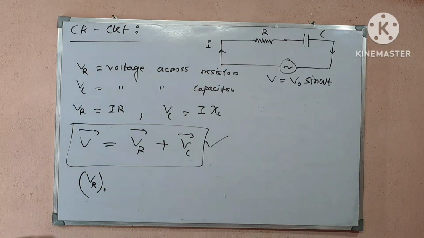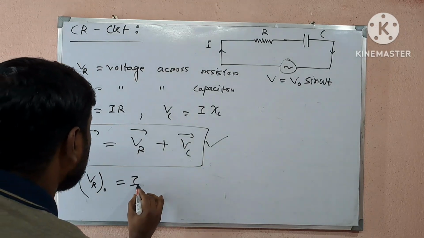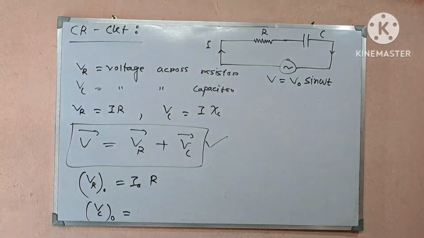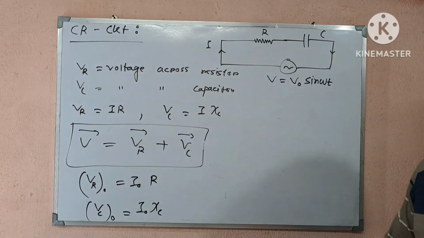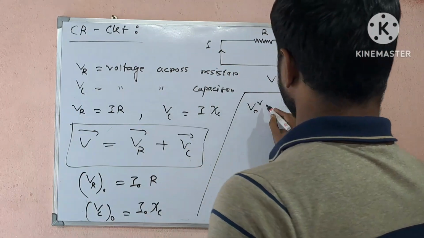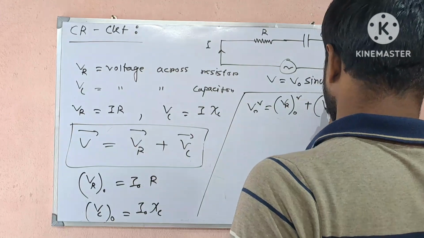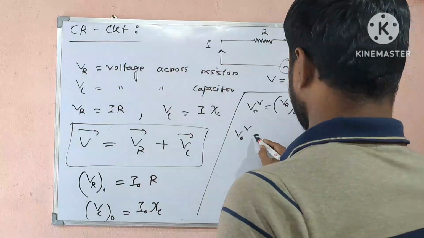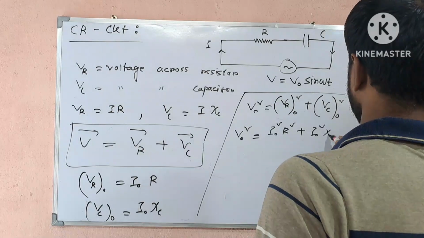So here, VR0 is known as the peak value of voltage across the resistor, and its formula is I0 into R. And VC0 is called the peak value of voltage across the capacitor. Its formula is I0 chi C. Now, by applying the Pythagoras theorem, we can write V0 square equal to VR0 square plus VC0 square. So V0 square is equal to I0 square R square plus I0 square chi C square.